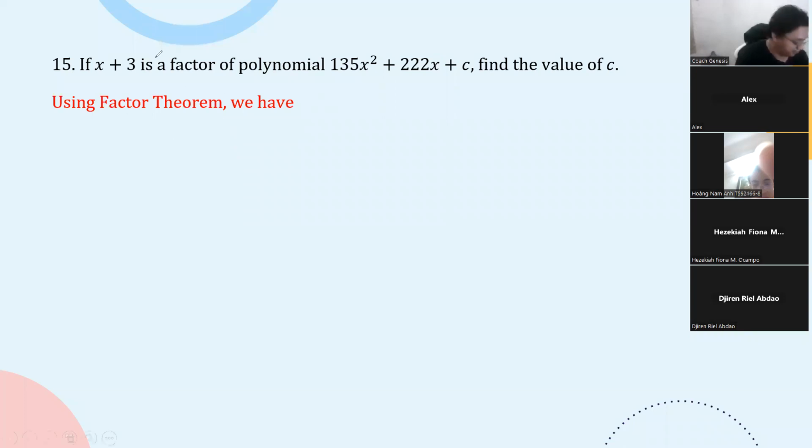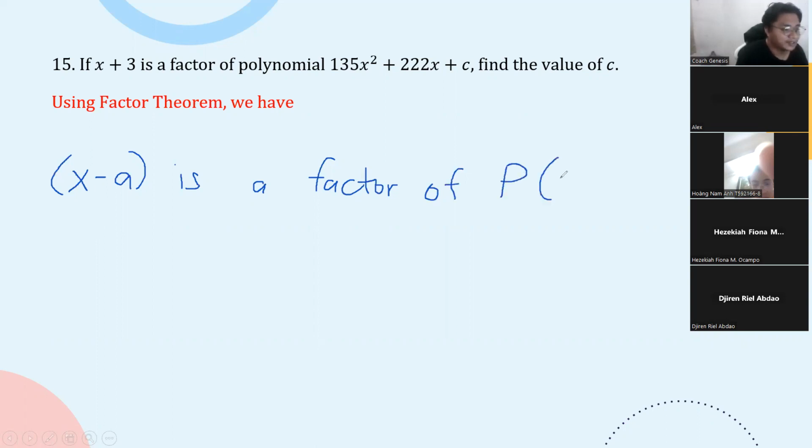So factor theorem states that if you have a monomial, let's say x minus c, oh no, let me just use x minus a just to get rid of any confusion with that c. So x minus a is a factor of polynomial p of x if and only if.